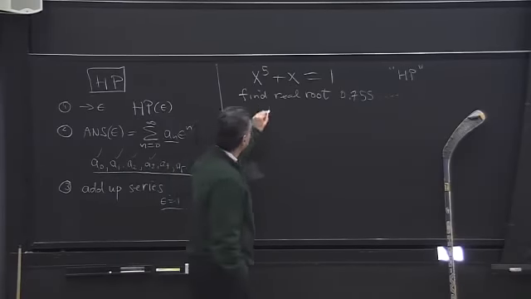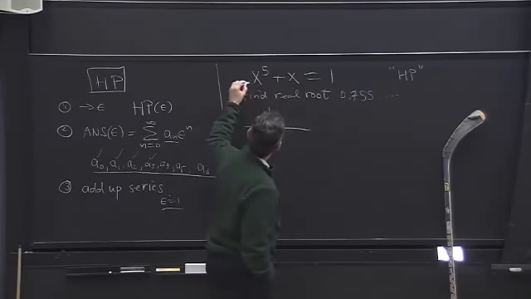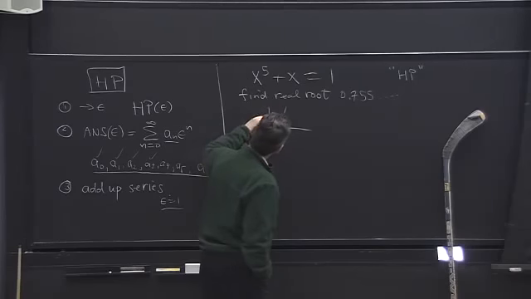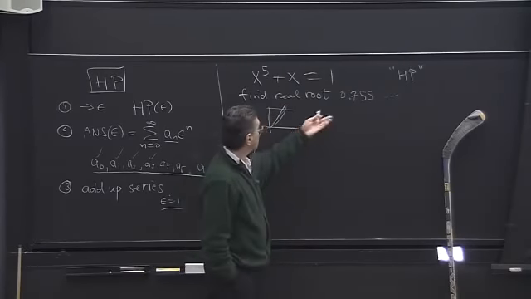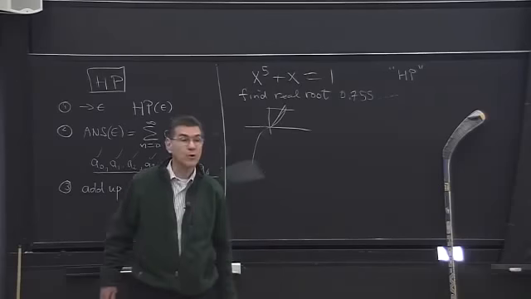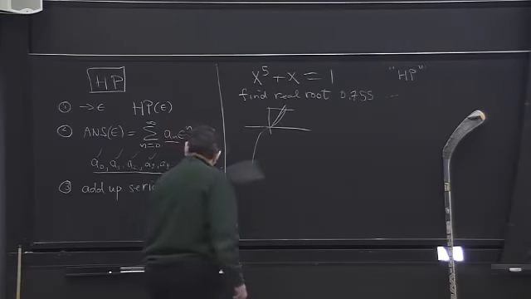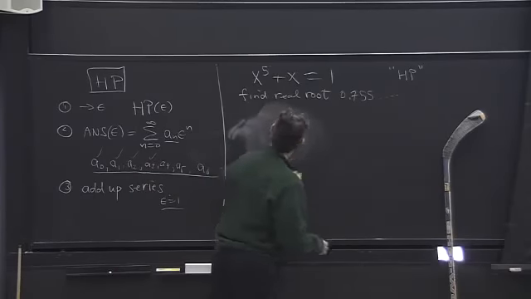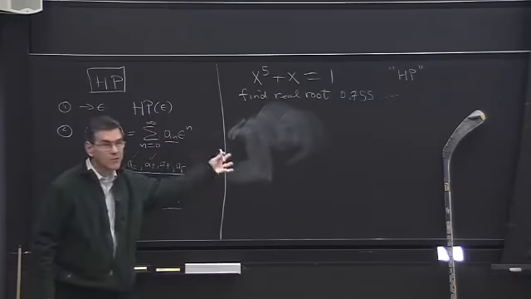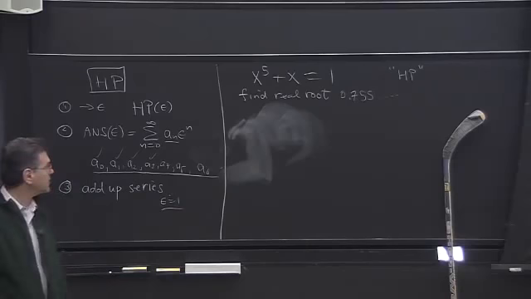Okay, you can just make a plot. Draw x to the 5, draw x, add this to this, and ask where does it cross 1, right? And it's going to be about 3/4, something like that. Okay, so we say, fine, we know we can't solve this problem exactly.